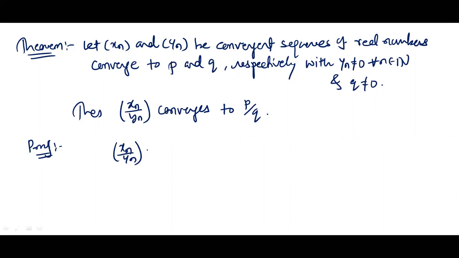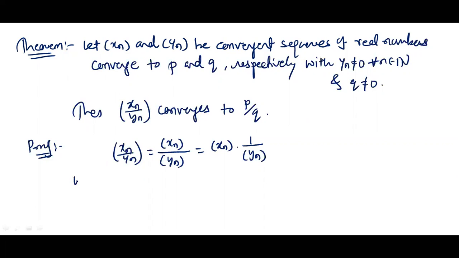the sequence xn by yn is nothing but a quotient of sequences xn and yn, right? We can write this as the multiplication of sequence xn and sequence 1 by yn. But we have xn converges to p, and in the last result we have proved that 1 by yn converges to 1 by q, right?